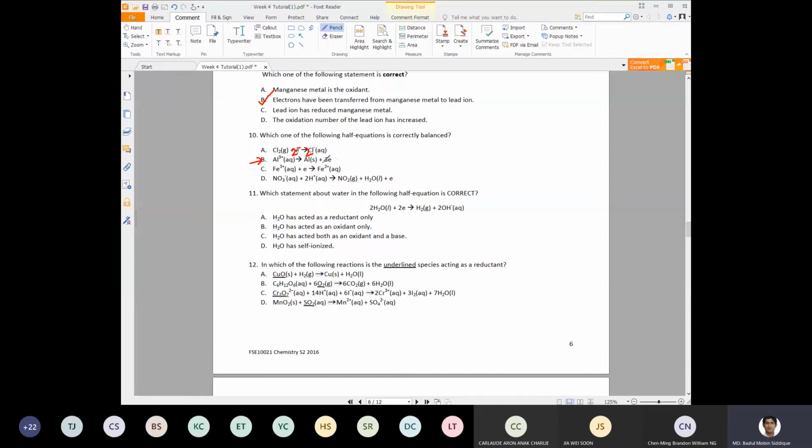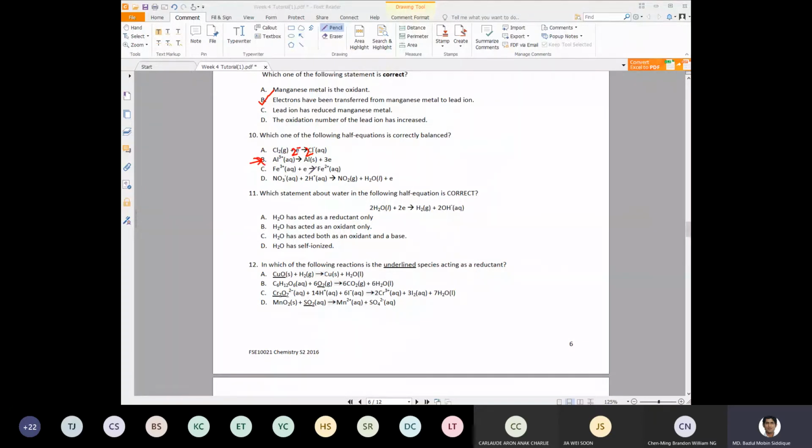When it is taking the electron, that means 3 electrons should be on this side, in the reactant position, because it is not producing electrons, rather it is taking them. So we have to provide the electron on the reactant side, not on the product side. Product side means that electron has been produced. In this case it would be true if we would write aluminium 6 plus, but so it is not correct as well.